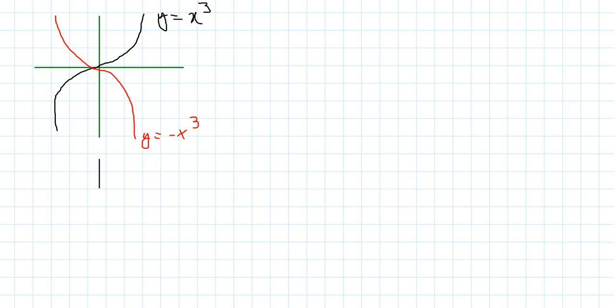Now we want to talk about the square root of x. You should look at the sign. For example, we have y equal radical x.